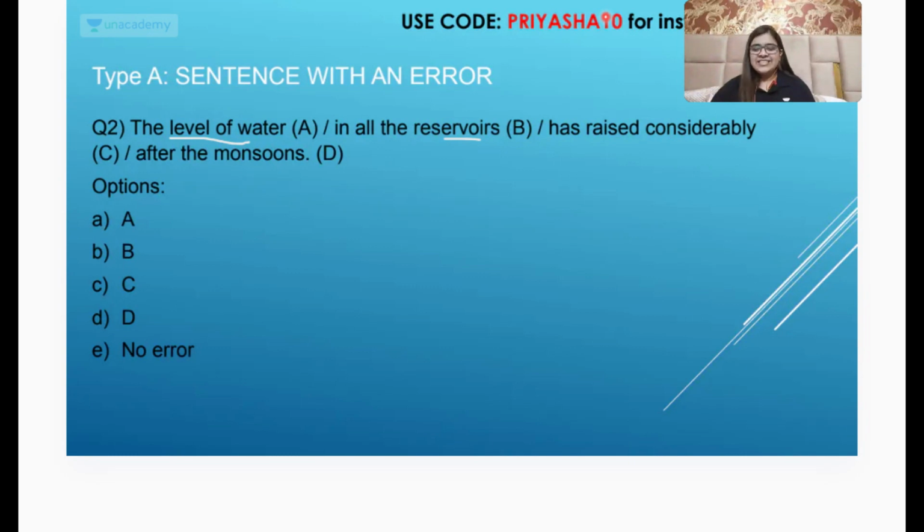Guys, you can make a guess even. Bharat says it's C, which means "has raised." Bharat also thinks that "has" is a problem. Everyone thinks that "has" is a problem. Has is like, why do you always consider me wrong? Ajay, hi, good morning. Fine then, let's wait for a few more answers.